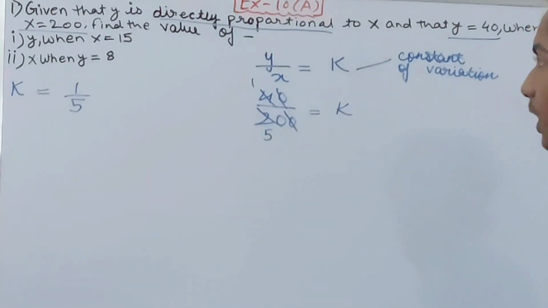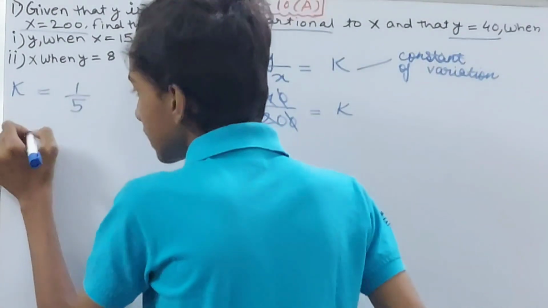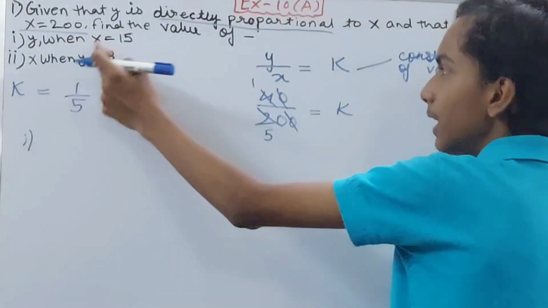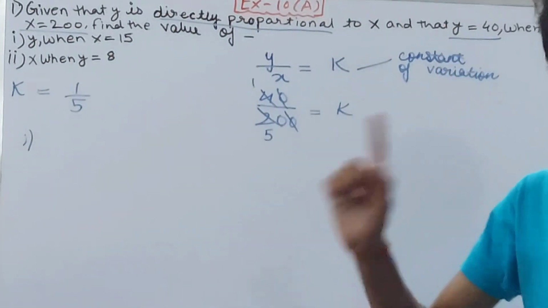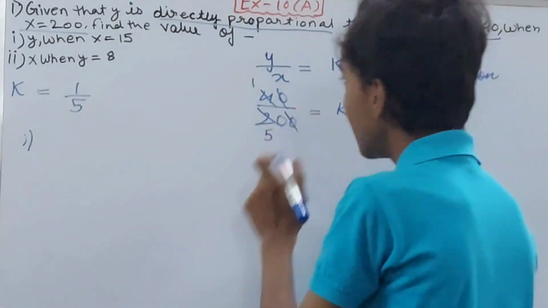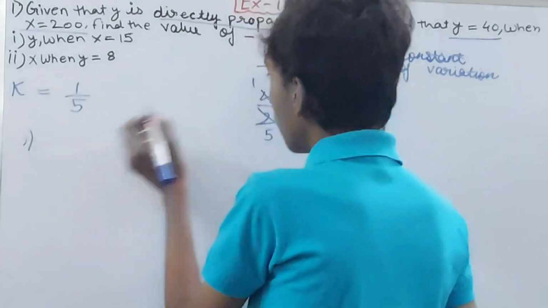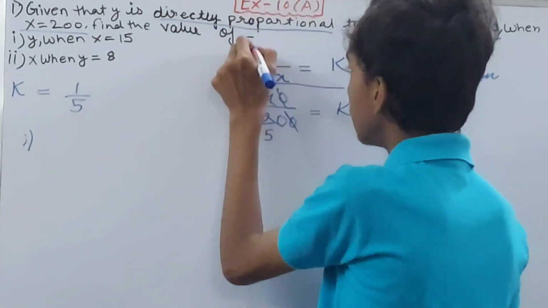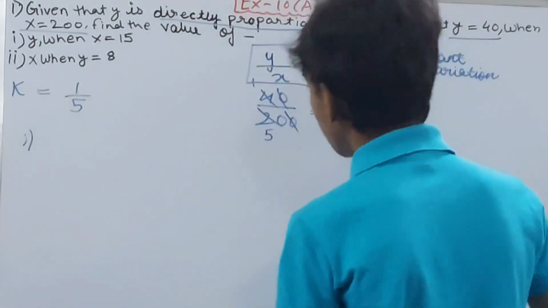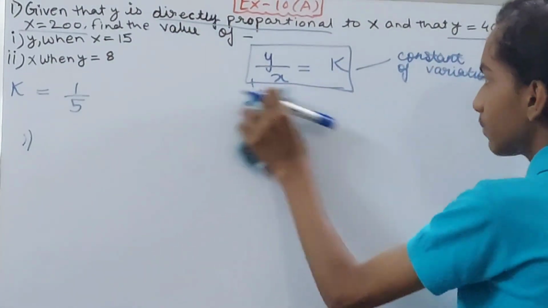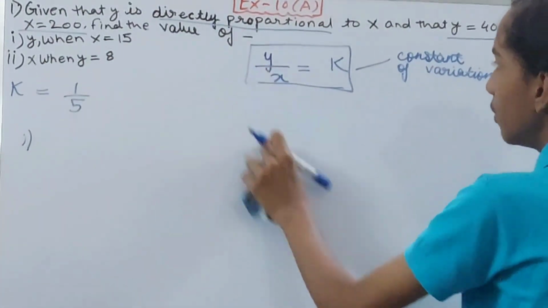Now the next thing is that the first part says to find y when x is equal to 15. So find the value of y when x is equal to 15 using this same thing, that is y upon x is equal to k. This thing we will use for this entire question, right? So we don't need this, we just need this thing. Have a look yourself.